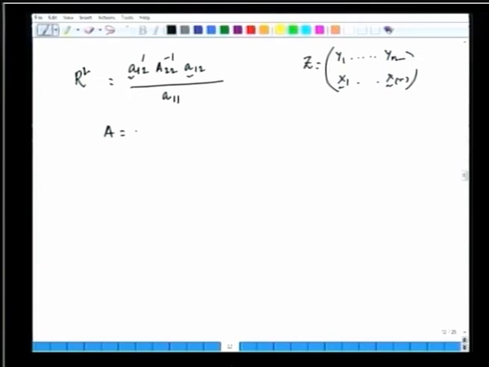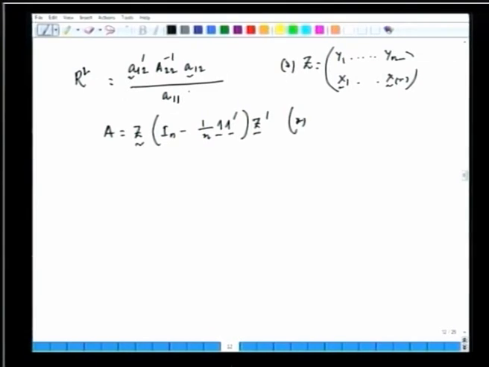How can we express it in terms of y and x? Well, it is nothing but z times I_n minus 1 by n times 1 1 transpose times z transpose. These are vectors of 1, and z is defined in this way. So, this is our z, right.